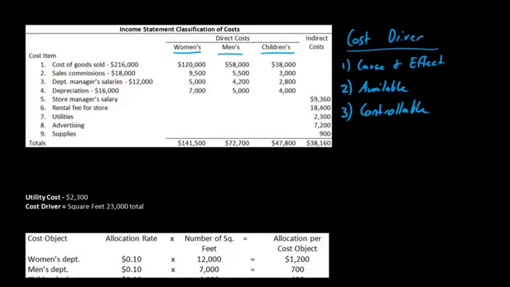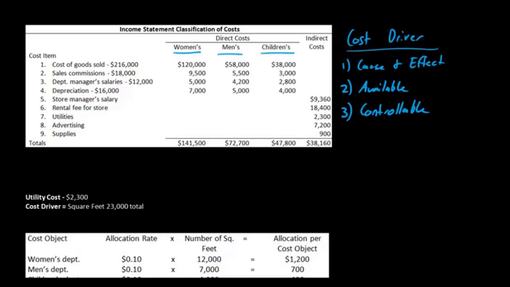And the third thing that we'd like to have is that we'd like the cost to be controllable. A lot of times the cost is controllable if you select the right cost driver. What I mean by that is that it's really important in this case that these department managers' bonuses depend on the profitability of the department.